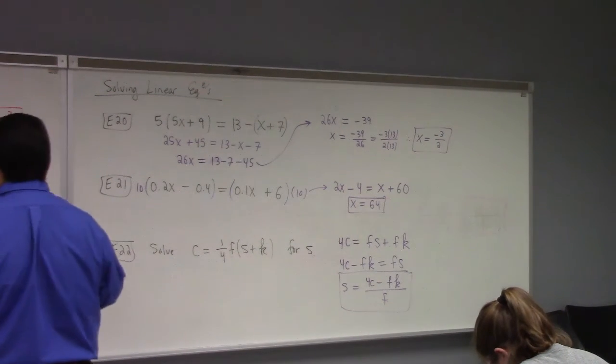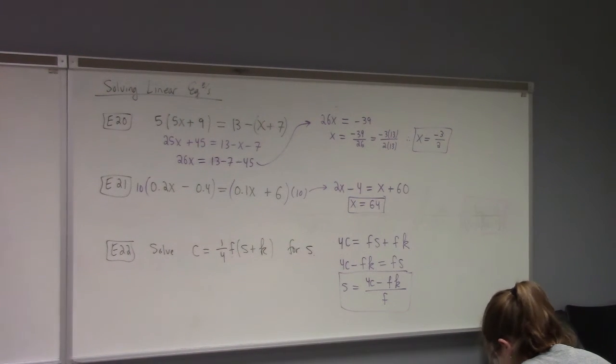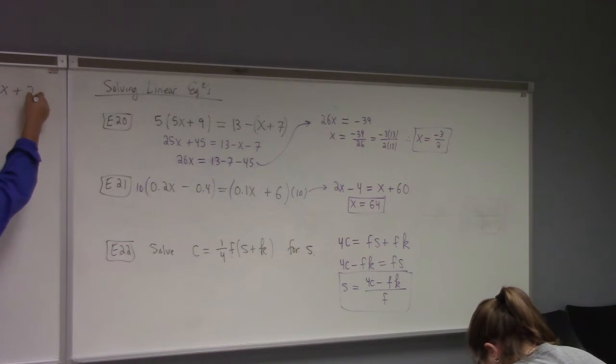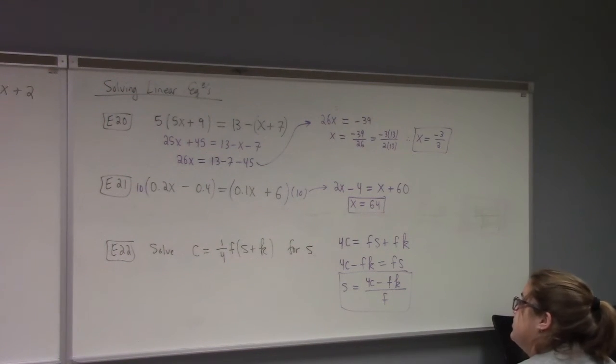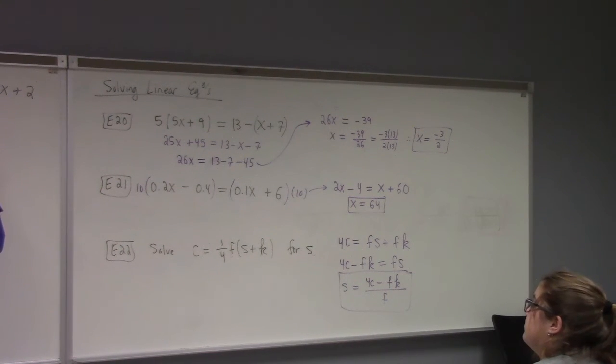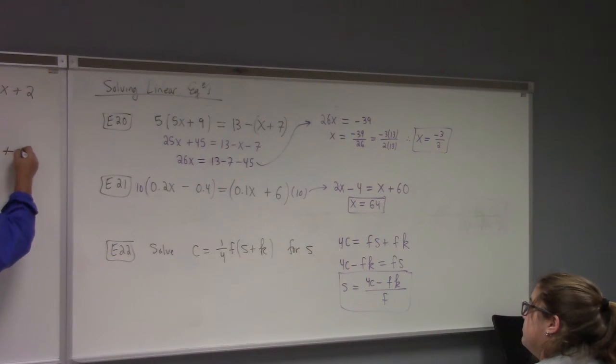I want to give you two more examples really quick, just so we have the language in front of us. Example 23 is 3x plus 1 equals 3x plus 2. Example 24 is x plus 1 equals x plus 1, this is really silly.